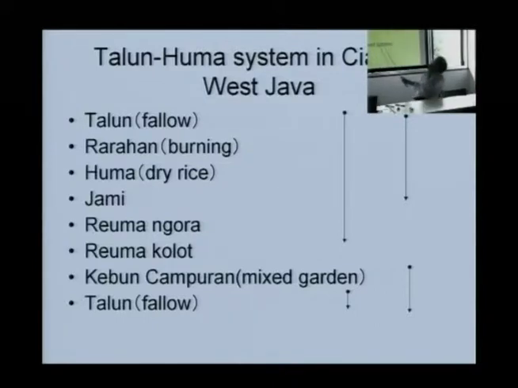So now we see the Tarun Huma system in Cianjur that we have studied for more than 10 years. So actually there are many stages of the Tarun system. Slash and burn is called Rarahan.